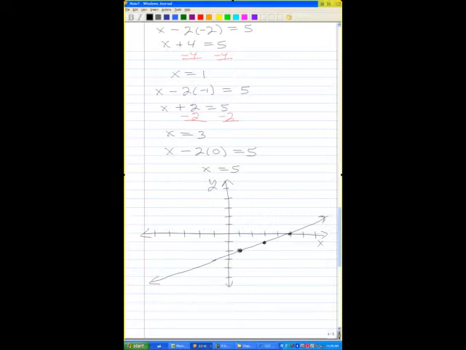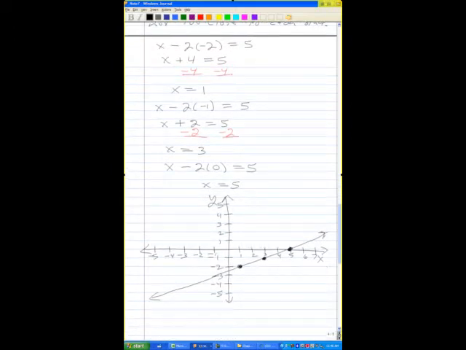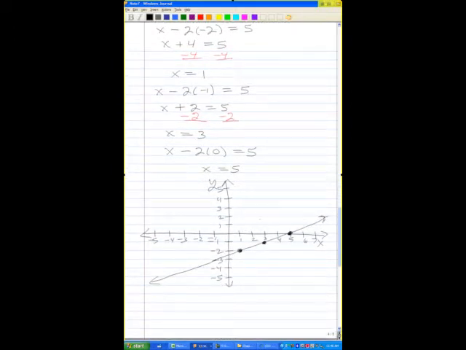And so I have the graph of x minus 2y equals 5. And that's what the graph looks like.